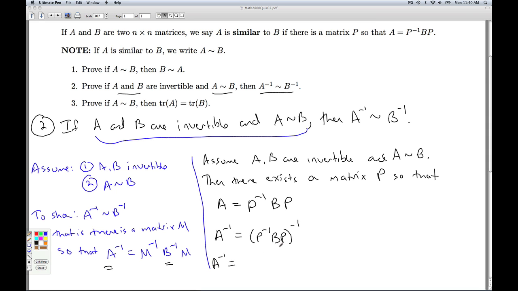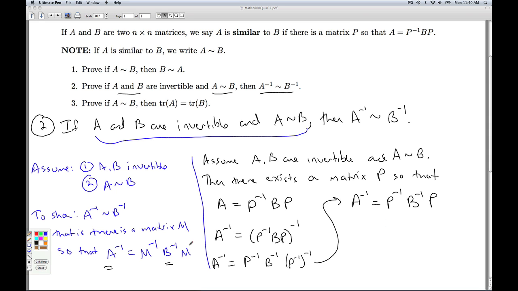The way you take the inverse of a product is you take the product of the inverses in the opposite order. So this will be P inverse, B inverse, times P inverse inverse. And as we just mentioned, the inverse of an inverse is the matrix itself. So I get A inverse is P inverse, B inverse P.